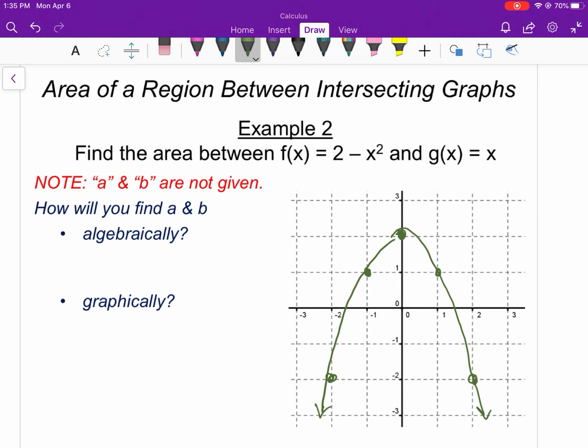The other one, and that is function f, I'm going to have y equals x. So that's just a line that cuts through 0, 0, 1, 1, 2, 2, and so forth. Now, I can see my points of intersection. So here's my A, here's my B. But if you can't see those on your graph, you'd have to find them algebraically, which means you're going to have to use substitution.